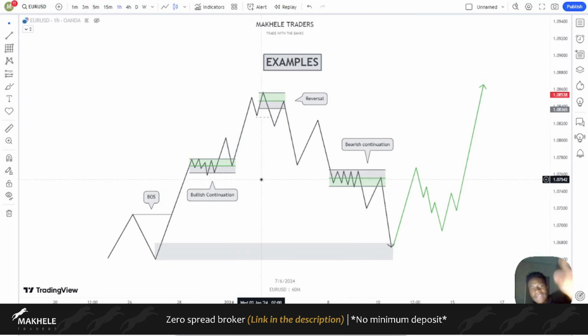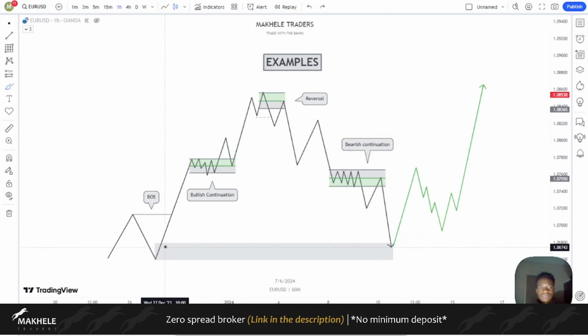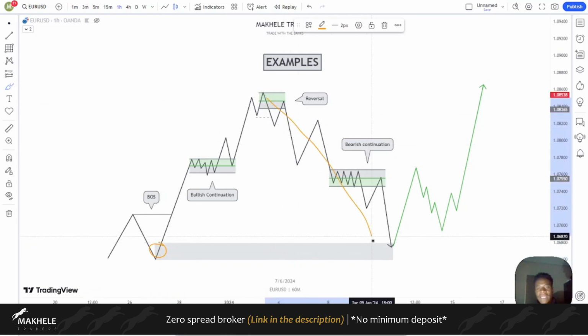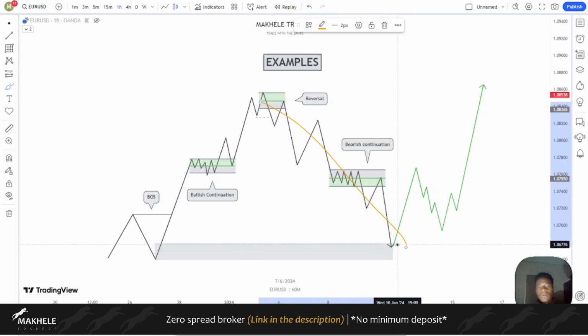That's how it's printed. Then let's look to the left at how a bearish continuation is printed. In this case, since we have an unmitigated demand level, price has to come back to this zone before going back higher, before trading higher. It has to mitigate this demand zone because there are some orders the banks have left here that need to be filled.